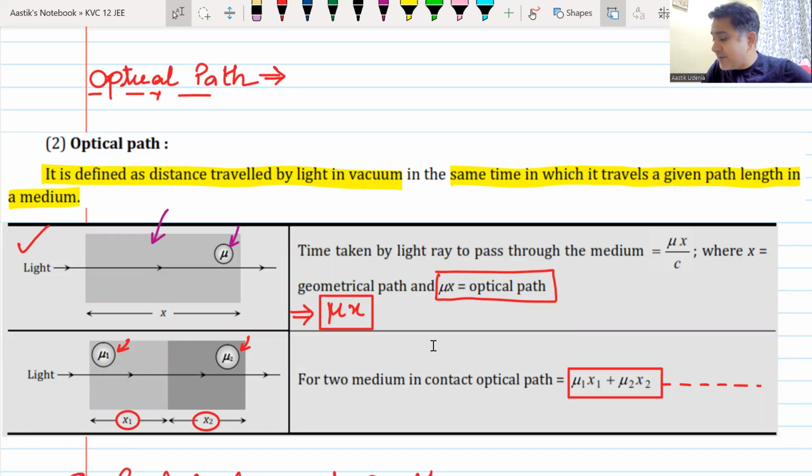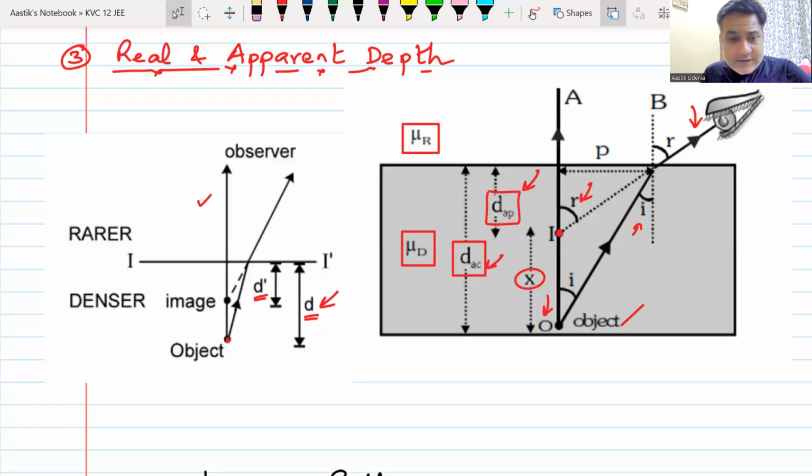We had seen what happens if you have a body in the denser medium and you are trying to watch it from the rarer medium. This is the denser medium and this is the rarer medium. What happens if you are watching the body like this? It will always appear raised up. Yes or no?